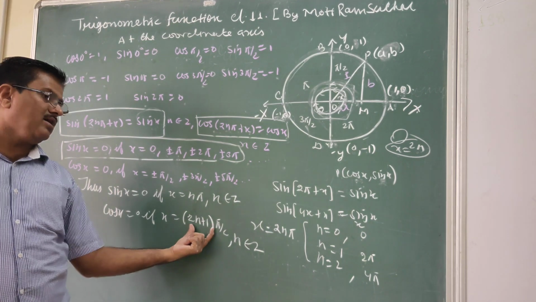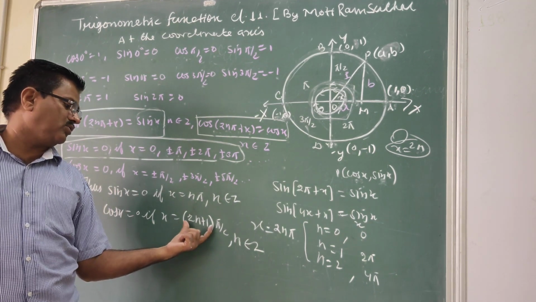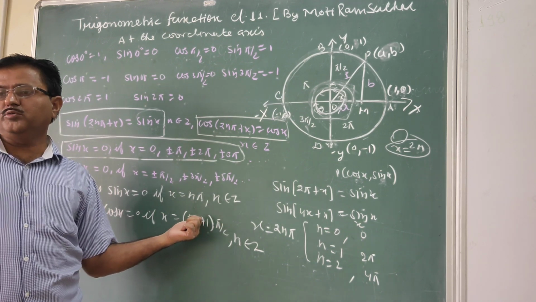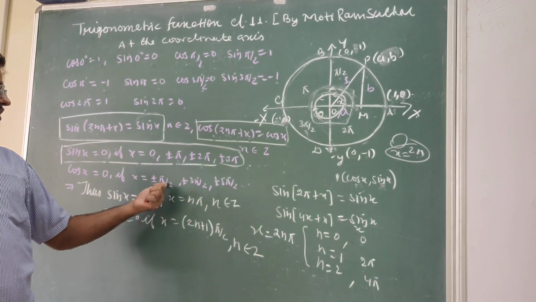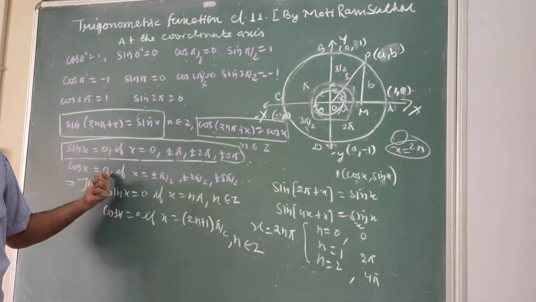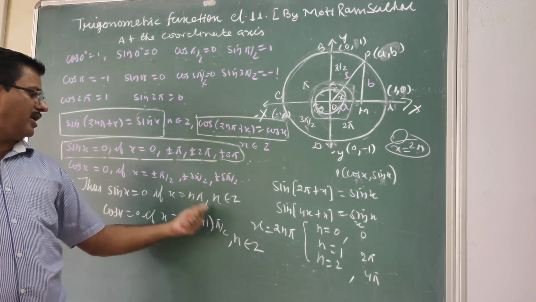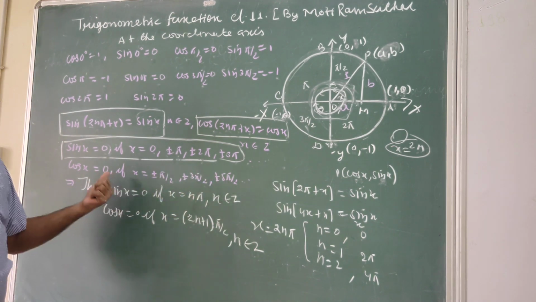This is the formula for representing an odd number in the form of 2n plus 1. So odd multiple of pi by 2: like if you put n equal to 0, this is pi by 2, and cos pi by 2 is 0. If you put 1, then 2 plus 1 is 3, so 3 pi by 2, and cos 3 pi by 2 is 0. 5 pi by 2, 0.